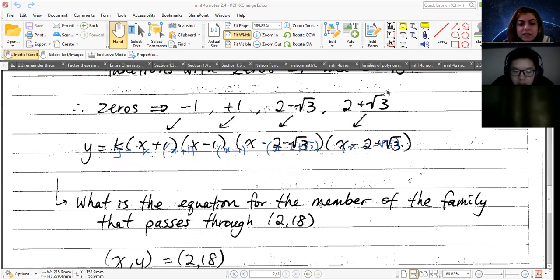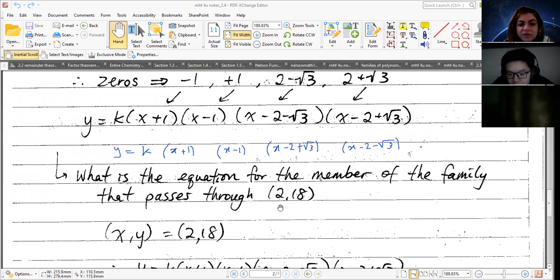Now, it says, what is the equation when this family passes through (2, 18)? It means instead of x everywhere, I put what? I put 2. So I put 2 here for x, here I put 2, 2, 2 instead of the x.